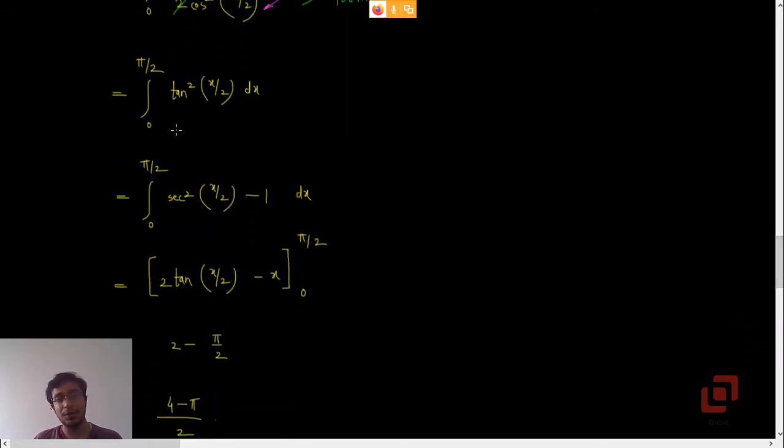Now although we do not know how to integrate tan squared directly, we can make use of a trigonometric identity. So in this problem we are using the second trigonometric identity, that is 1 plus tan squared theta is sec squared theta. Clear? So I have written tan squared x by 2 as sec squared x by 2 minus 1. Now we know that the derivative of tan is sec squared, so the integral of sec squared must be tan.